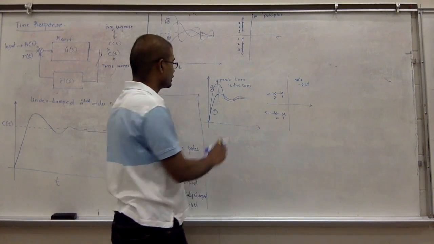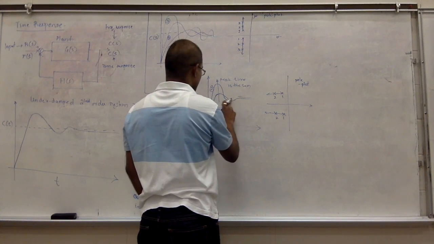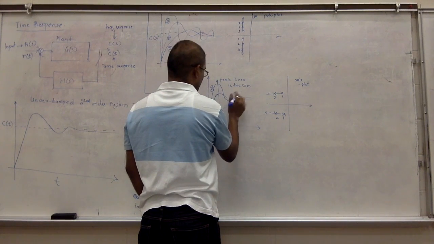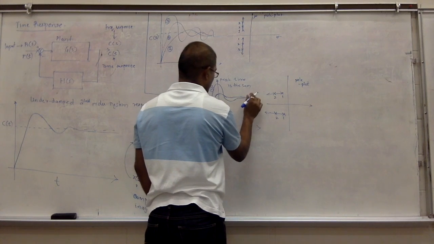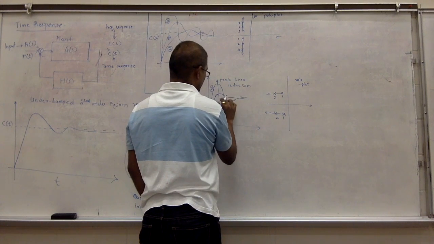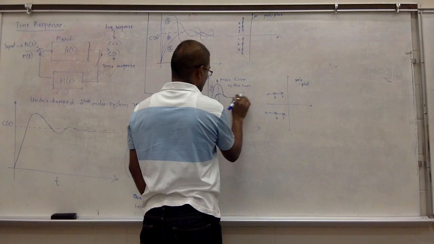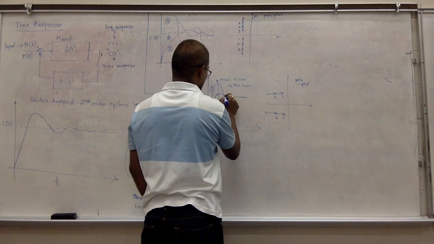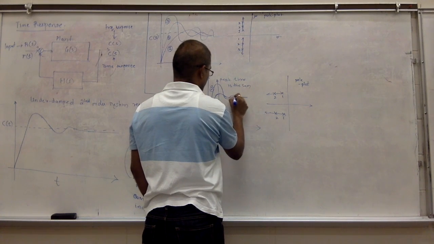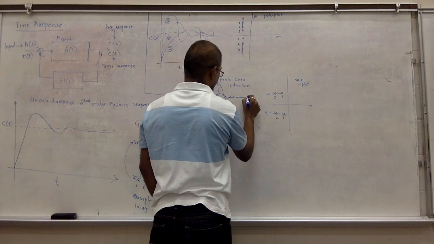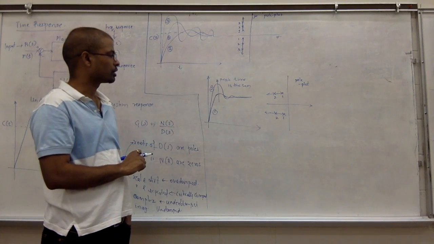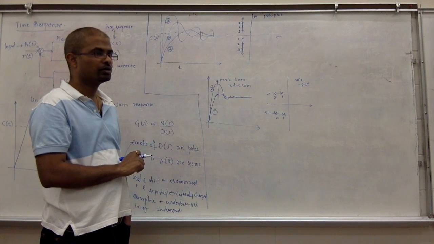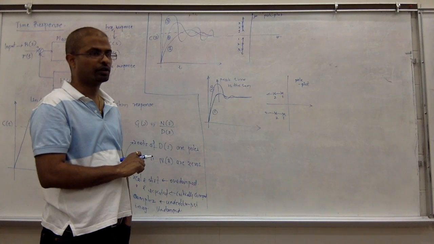So what you're going to see here is, the first system again will take much less time to settle. The second system will take, although the rise time will be slightly higher, it will settle much later.